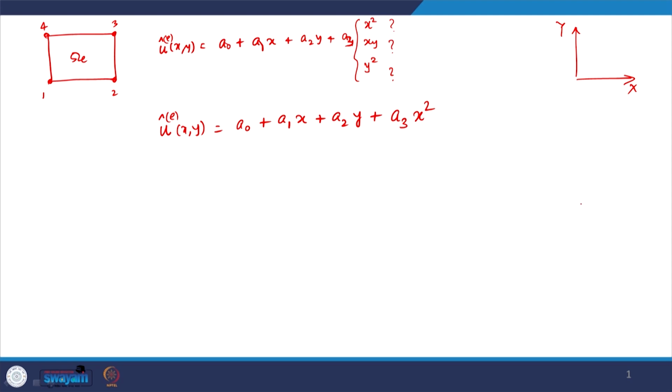What happens if somebody else comes and chooses to define x as this, with the positive direction of x and y like this, or, more weirdly, the person chooses to define y as x and the x coordinate like this.